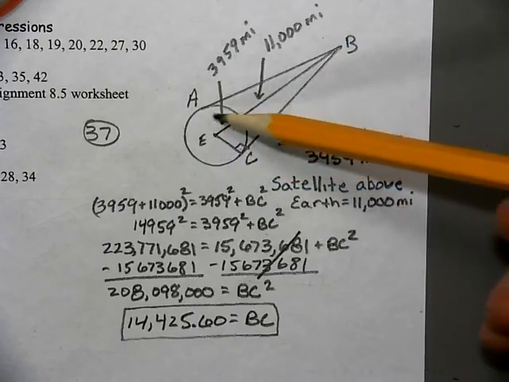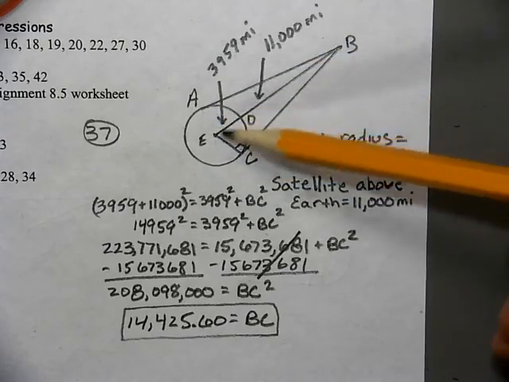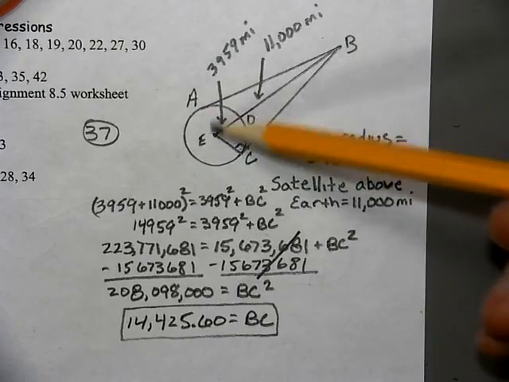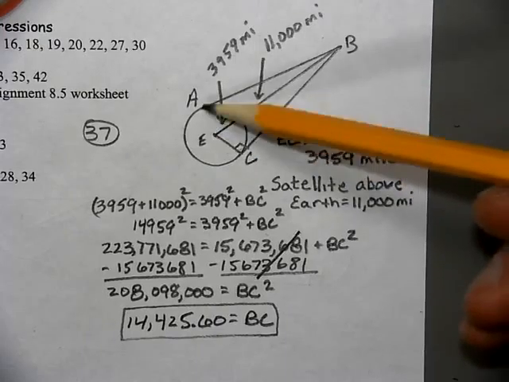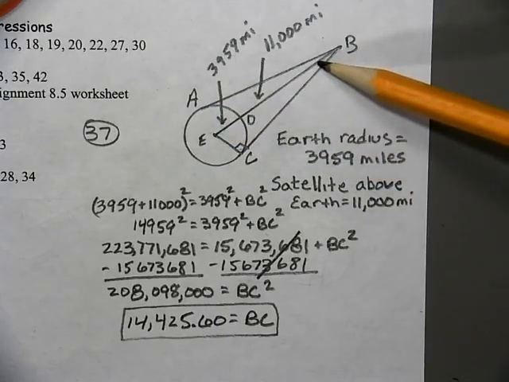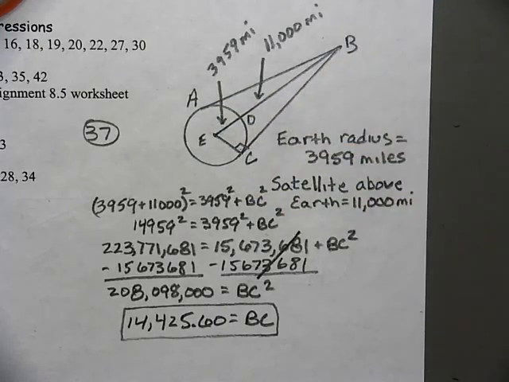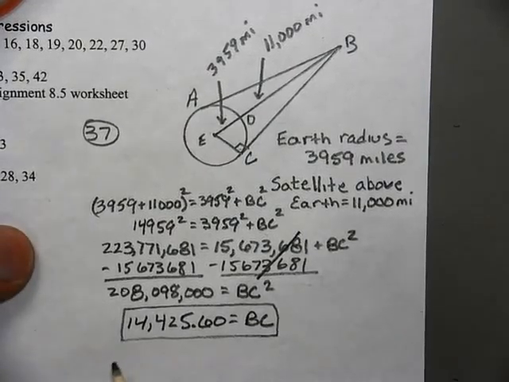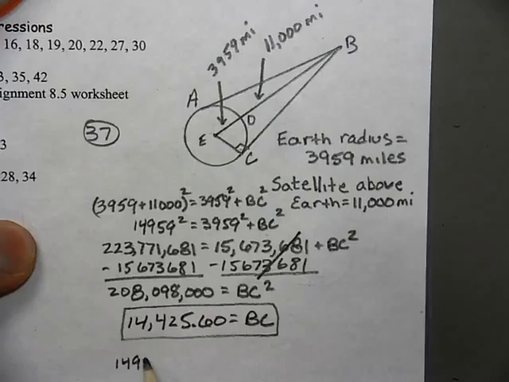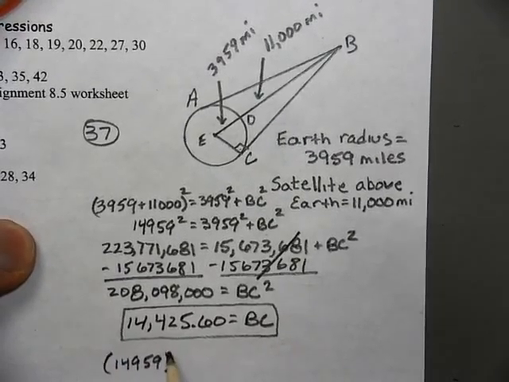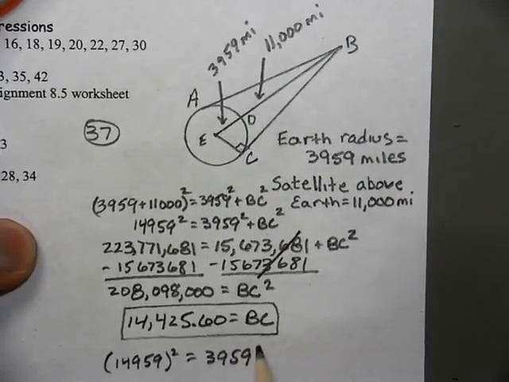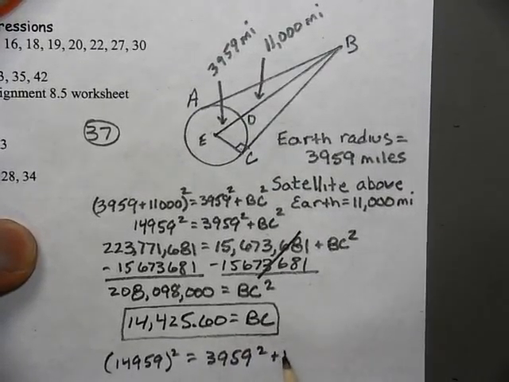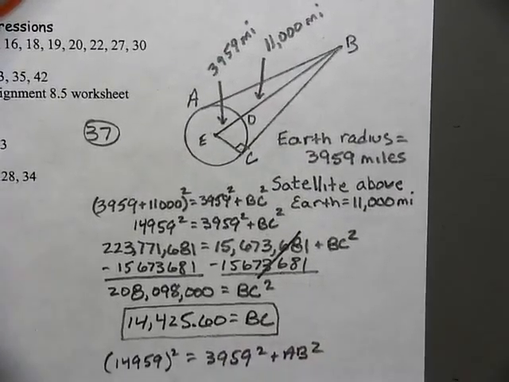AB is also making the same exact triangle again. We have a radius of 3,959. The hypotenuse is the same, so the equation is going to come out exactly the same. So we're going to get 14,959 squared equals 3,959 squared plus AB squared.